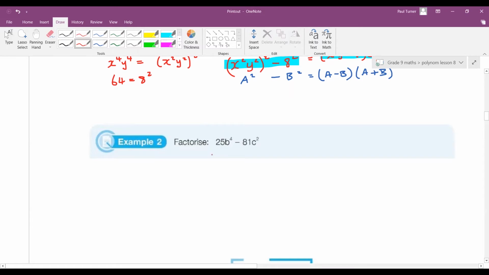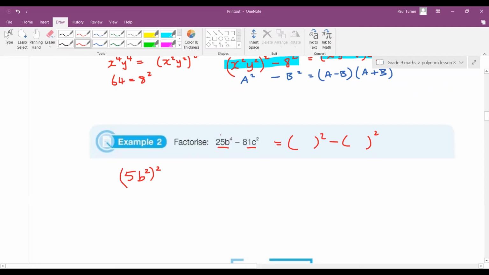So this one, okay, we've got 25b^4 minus 81c squared. Can we make these something squared minus something squared? That's what you're trying to do first. So 25, we know is 5 squared. So we've got 5. b^4, we'll split b^4 to b squared and make that all squared.